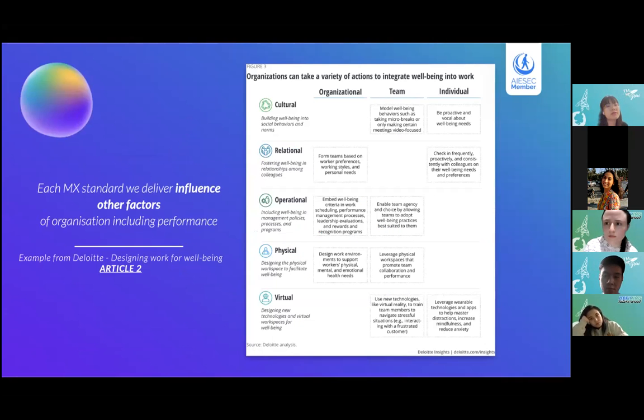The second factor, I think we have also talked about it several times: when we impact one thing, it affects the rest of the organization. And when you implement one standard, always remember that we can integrate the way we implement one standard in a lot of ways as well. Even in the way that we implement a culture, or in the way that we manage the operation, we can still deliver a certain standard.